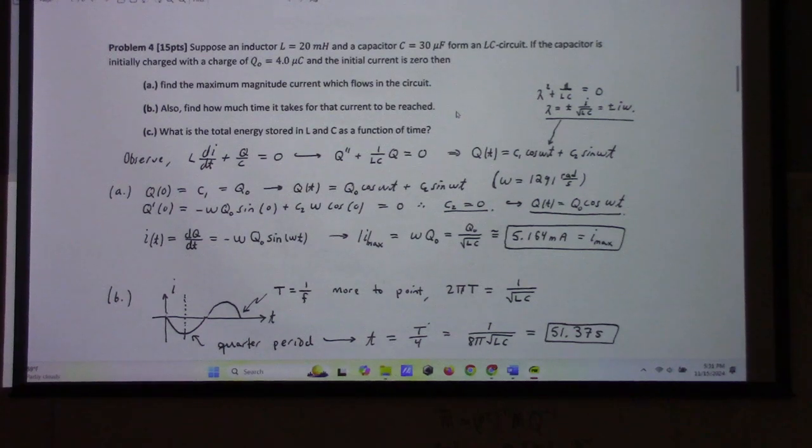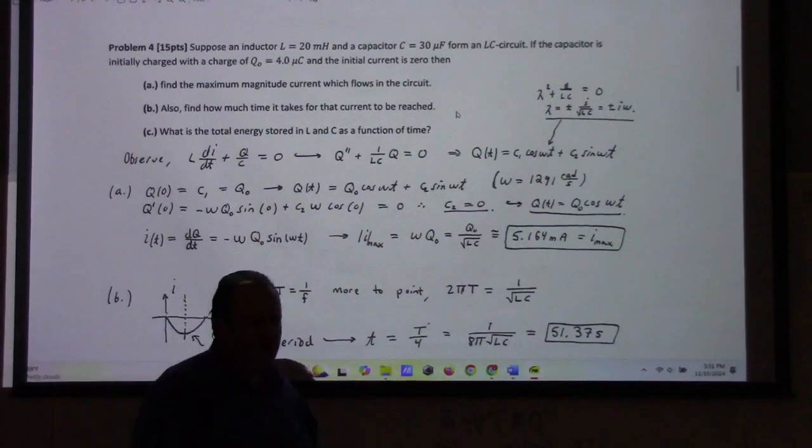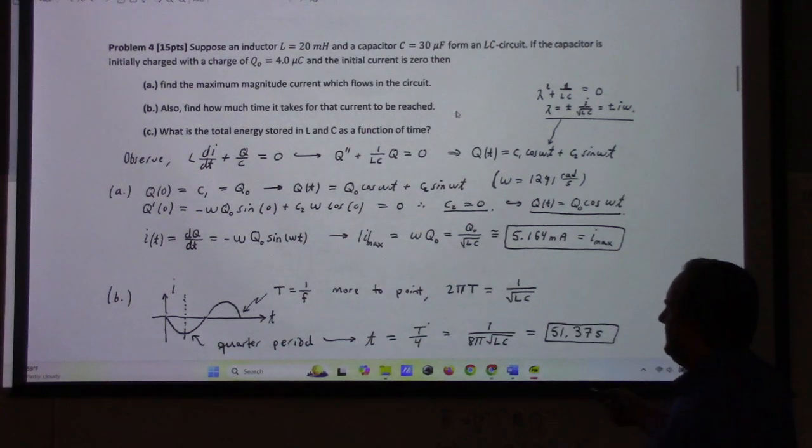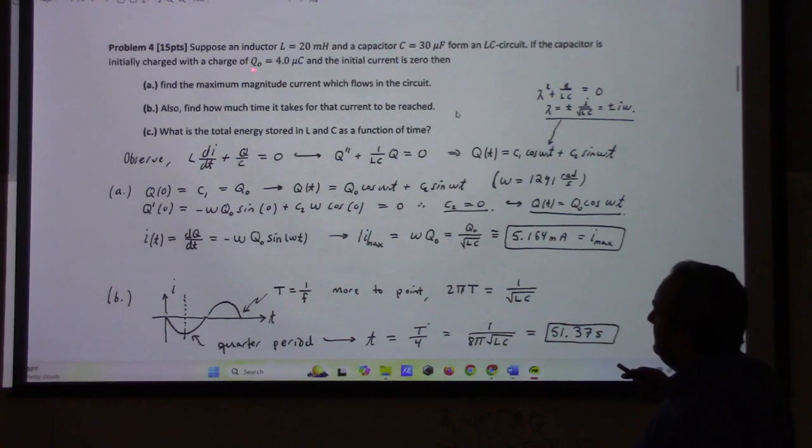This is an LC circuit. So again, I think I must have spent like a whole day on differential equations in this particular semester. But this one I do want you guys to know: Q double prime equals negative Q over LC, that has the solution, and you're given the initial charge and the initial current 0, so you can solve, and you get that Q as a function of t is this, but then dQ/dt is the current, which gives you that.